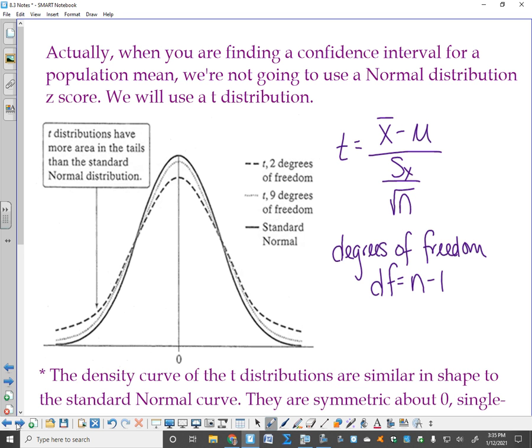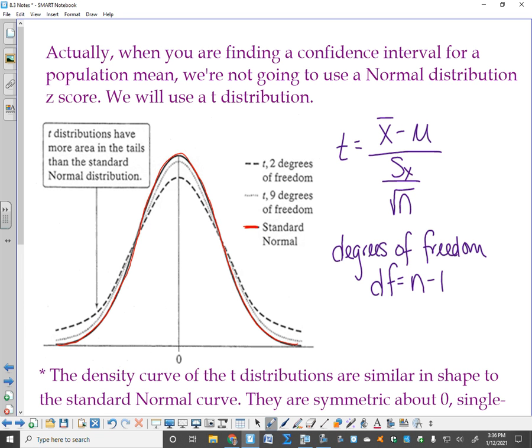So let's talk about, all right, the standard normal distribution is the solid line. So that's the standard normal distribution. The tails are thin. It goes all the way almost to the x-axis, but not exactly.